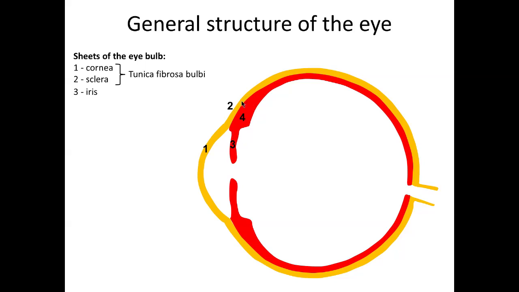It is made from smooth muscle, and that's why it can be contracted and regulate our ability to see closely positioned things and far positioned things, for example, when we look at the landscape.